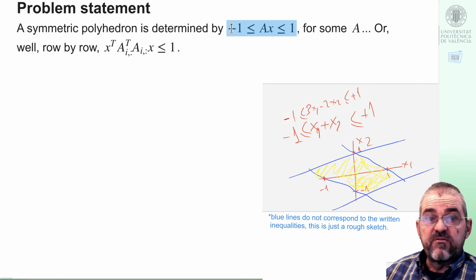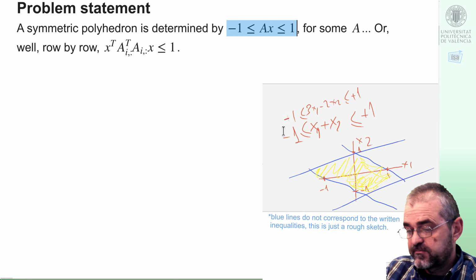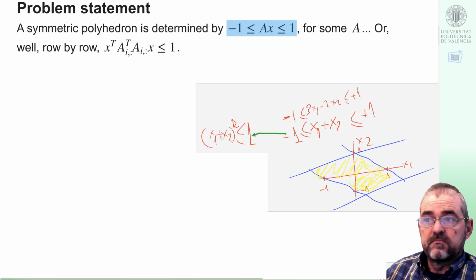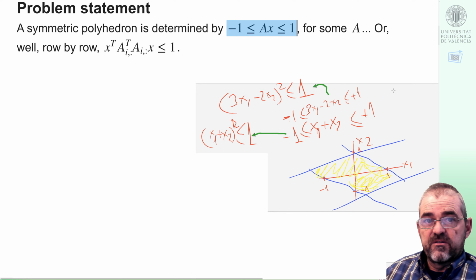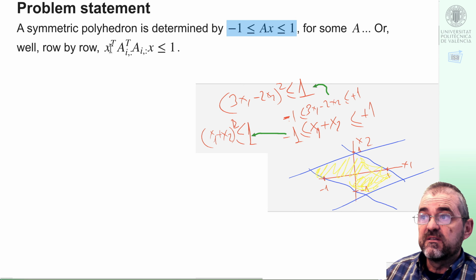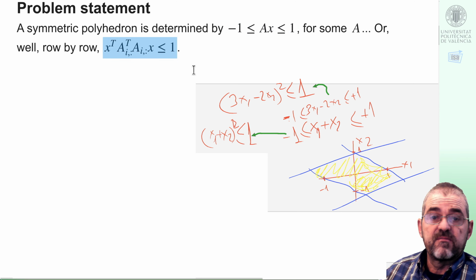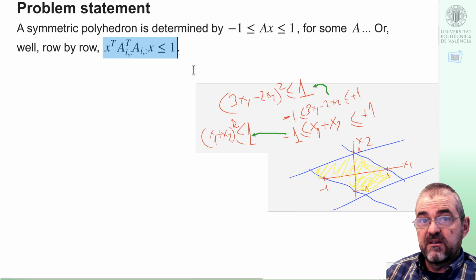But well, if we square this, we can say (x1 plus x2) squared less than 1, or the other stuff squared less than 1. So we can equivalently say that this quadratic inequality also describes a polygon.